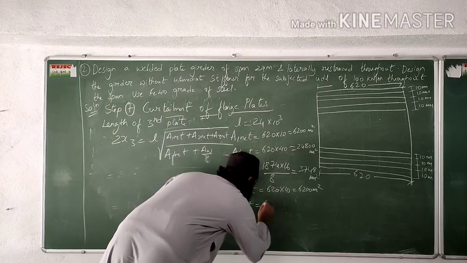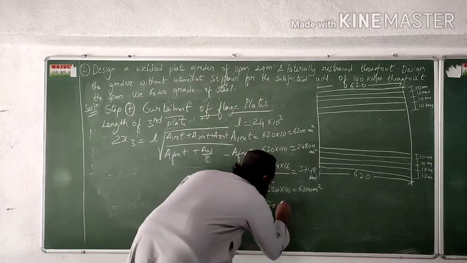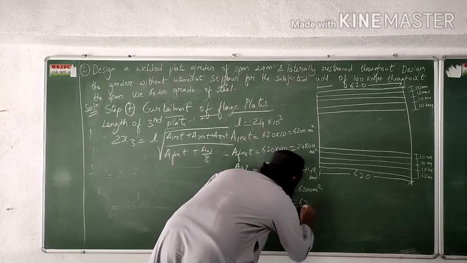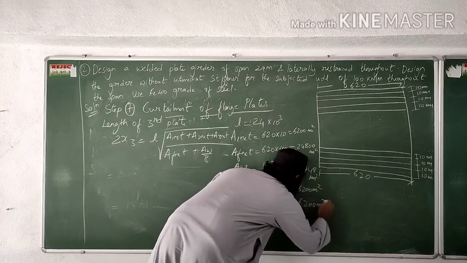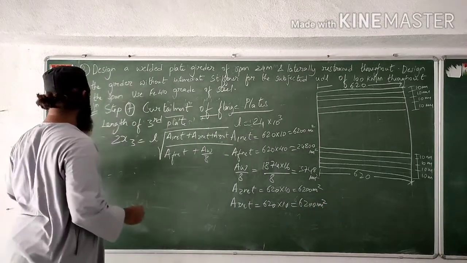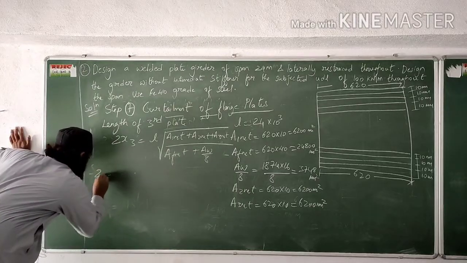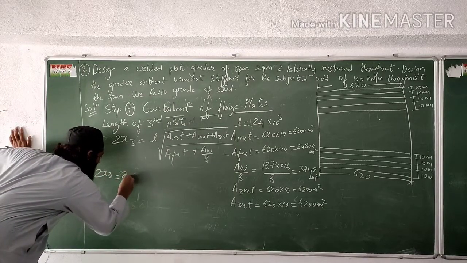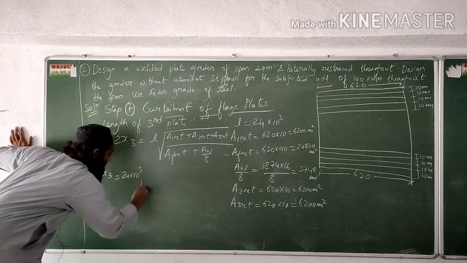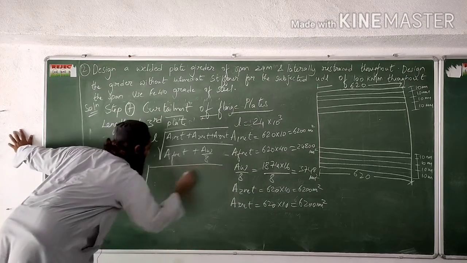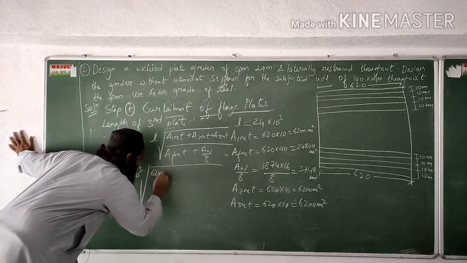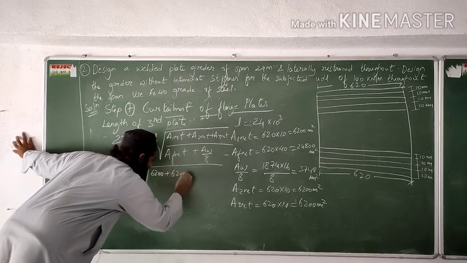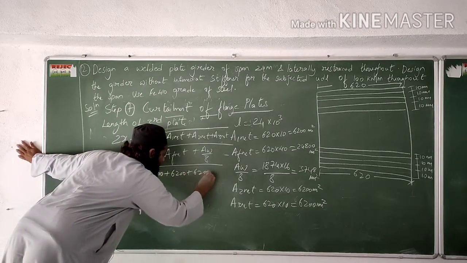We have not changed the thickness of the plates, just to avoid confusion also. Let us substitute these values here. This is A1 net, this is A2 net, and this is A3 net.